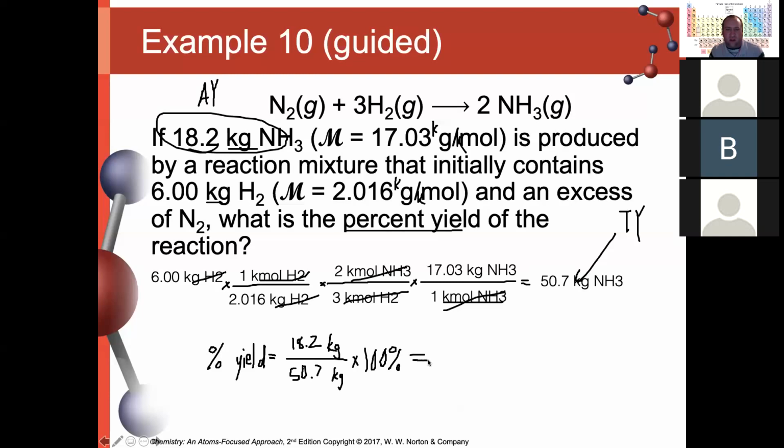And so if I do that calculation, 18.2 divided by 50.7 times 100, I get 35.9%.